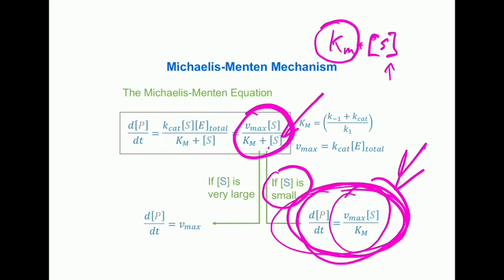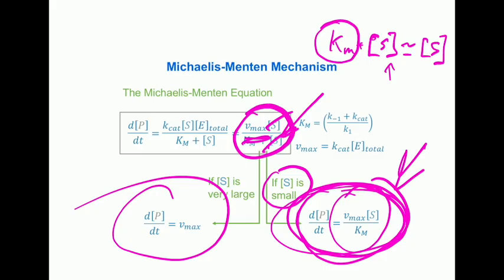It is not Km plus S, but approximately equal to just S. I'm neglecting Km because S is the big deal. And if the denominator is just S, then Vmax S over S, S is gone. Cancel, cancel. Equals that. Good? No problem.